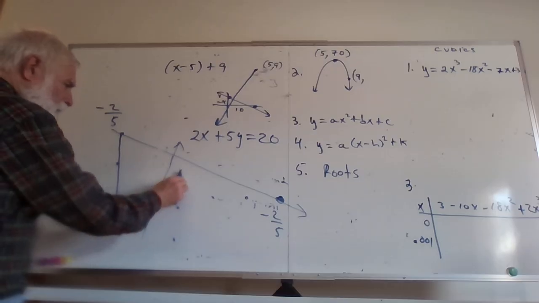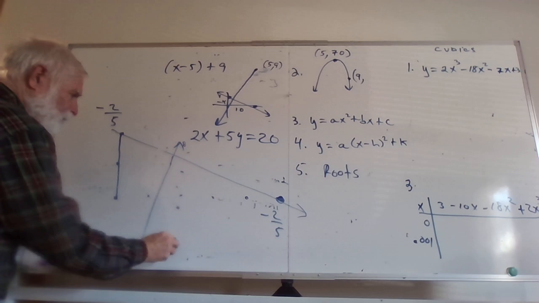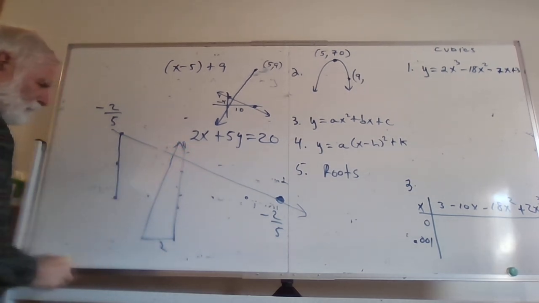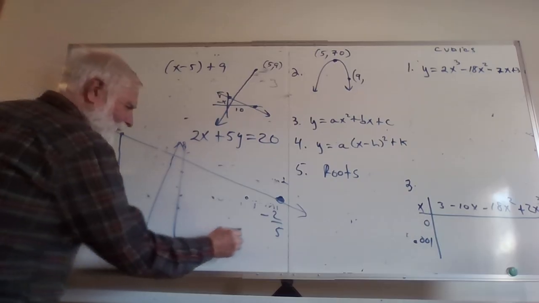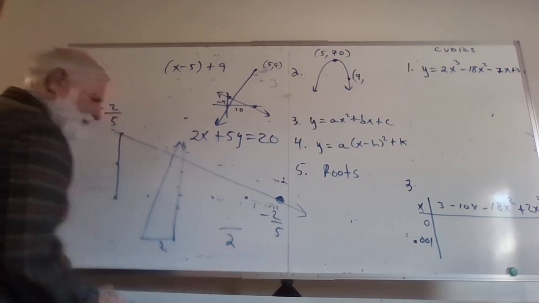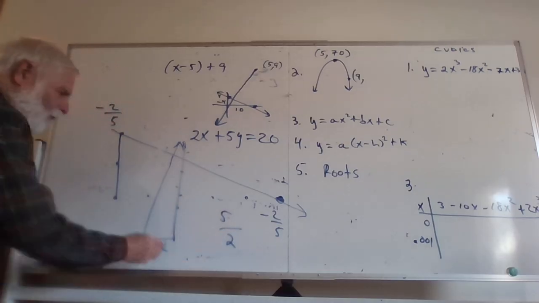Up 2, up 4, and halfway is 5. Over 2 and up 5. I made a stupid statement here. Oh, horizontal. Yeah, no, so I said it. Okay, never mind. So 5/2, right? Over 2 and up 5.